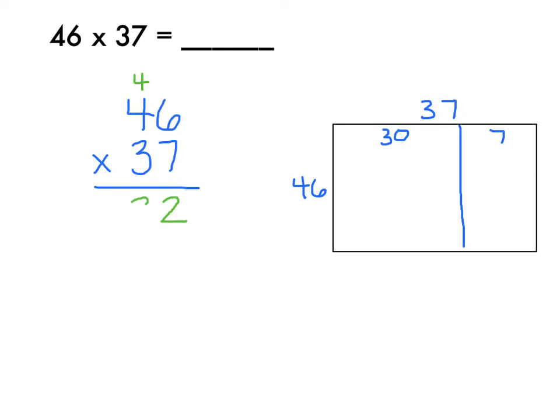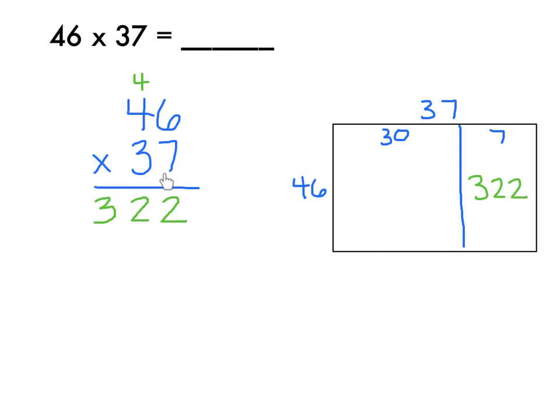So I'm going to put down the 2, and there's no hundreds place over here in my problem, so I'm going to put down the 3 in the hundreds place over here in my solution. And that gives me that 46 times 7 is 322.